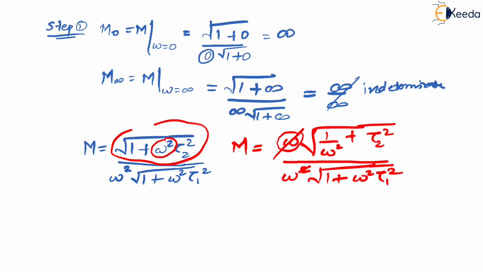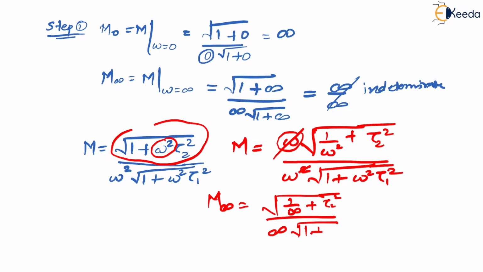Now if you try to find M infinity, what do you get here? In the numerator you have got 1 by infinity plus tau 2 squared, divided by infinity under root of 1 plus infinity. It's okay, there is no problem with the denominator, because the denominator term is going to be infinity.